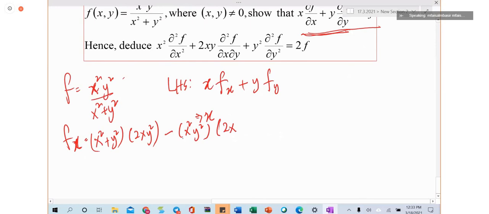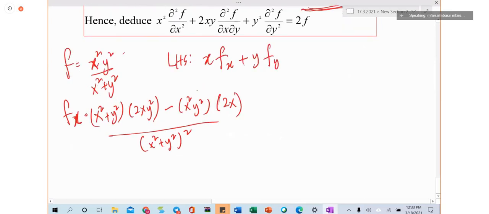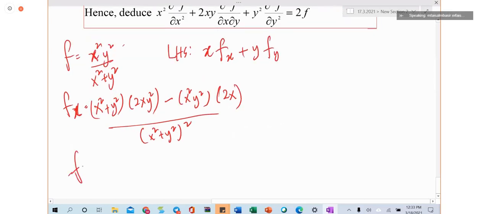Top minus coefficient. Okay. Fy will be, the top will be 2x squared y, right?